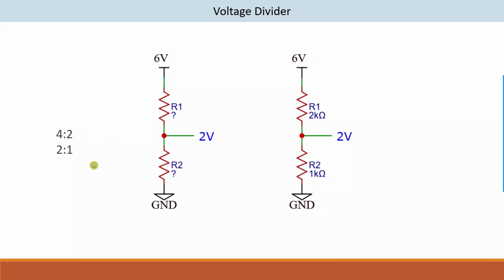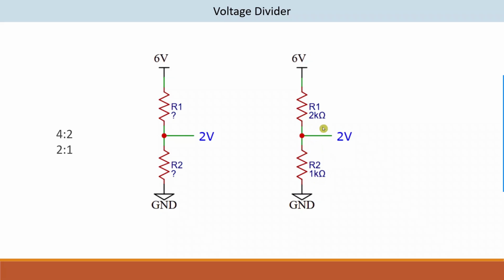That means R1 will be twice R2. 2 is to 1 means 2 is R1, 1 is R2. So R1 will be twice R2. So 2K and 1K: R2 is 1K and R1 is 2K.